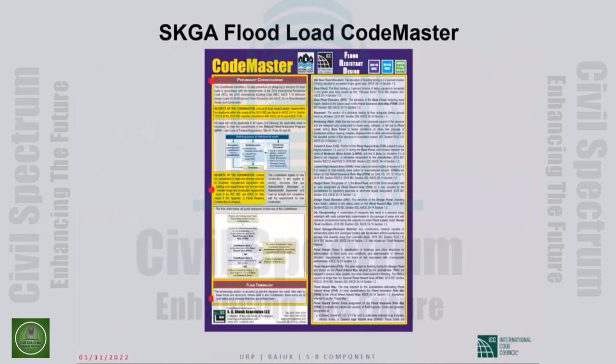The point that I'm trying to make is, having gone through ASCE 24 carefully, I had no clue how to figure out F sub A, the flood load that you use in design. And our company publishes the so-called code masters, and we have one on flood loads that I had done by the chair of the flood committee of ASCE 7.